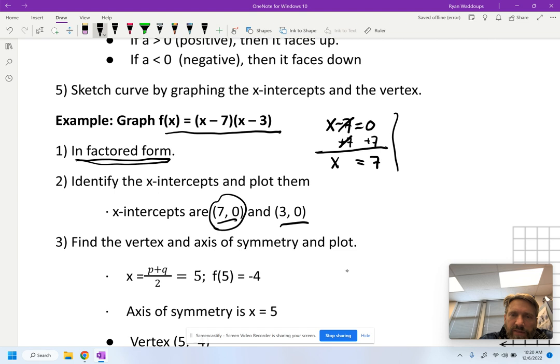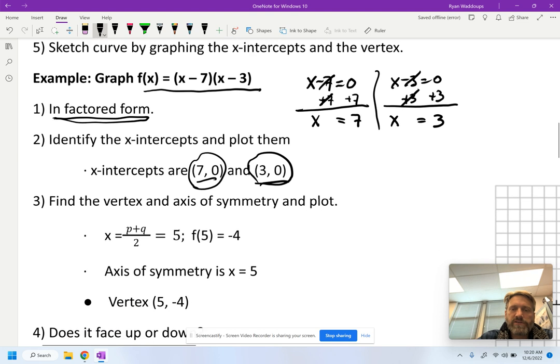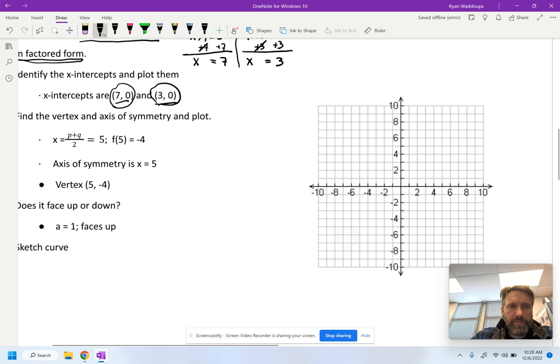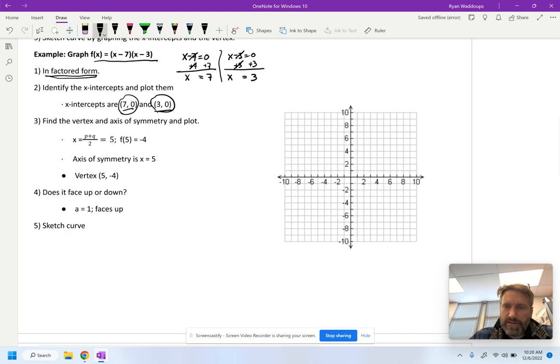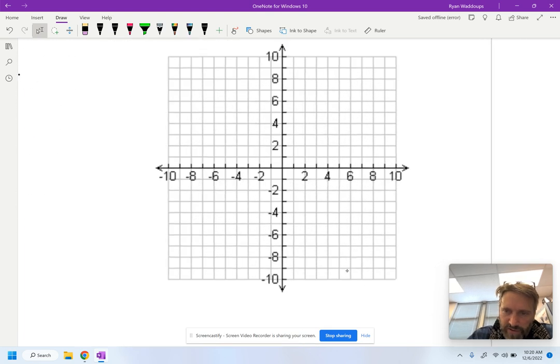And if we do the same thing, x minus 3 equals 0, adding 3 to both sides of the equation leaves x alone, and on the right gives us 0 plus 3, or 3. And so there's the 3 from 3, 0. So I go over here to my graph, and I plot 7, 0, and 3, 0. 7, 0 is right here, and 3, 0 is right here.